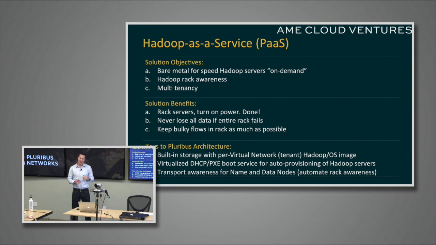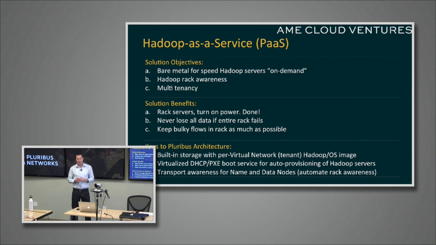So what happens is, as the customer needs more capacity, they go in and rack an additional compute resource, and it gets associated to the appropriate virtual network, and we will bare metal install the underlying operating system as well as the Hadoop workloads that live on top. So we call this our platform as a service use case.